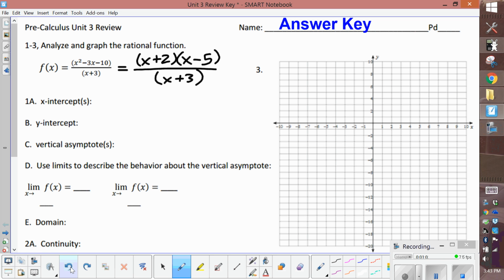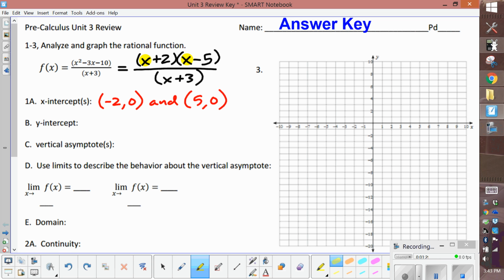Okay, the first thing I do, x-intercepts, are what values could I plug in for x that would produce a y value of 0? And what we're looking for is zeros in the numerator. And a negative 2 in that first set of parentheses here would produce a 0. I'm going to write it as a coordinate point. And in the second set of parentheses in the numerator, a positive 5 would create a 0 in the numerator.